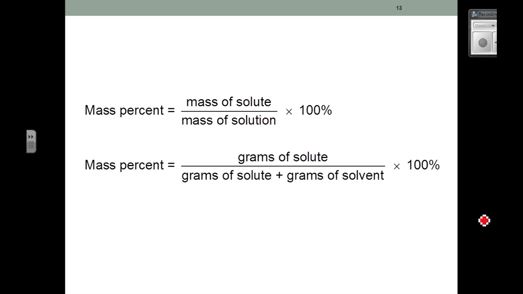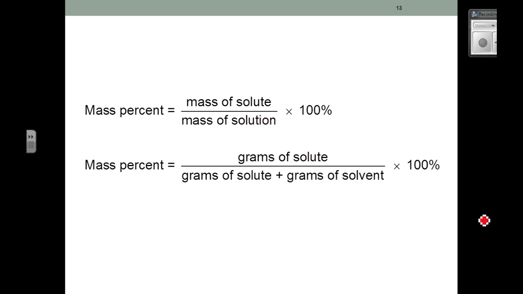So here we go. Mass percent. Now we're getting into numbers. Mass percent is the mass of solute divided by mass of solution. Now, what do you think the mass of solution consists of? Solute and solvent.